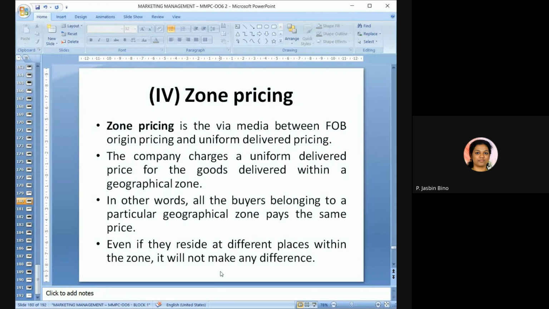The company normally charges a uniform delivered price for goods delivered within a geographical zone. So all the buyers belonging to a particular geographical zone have to pay the same price. If they belong to the next geographical zone, the price differs.